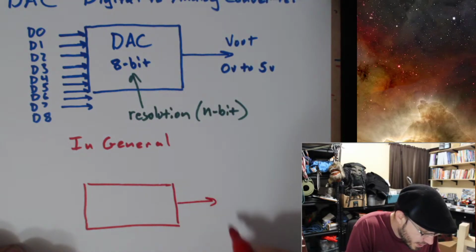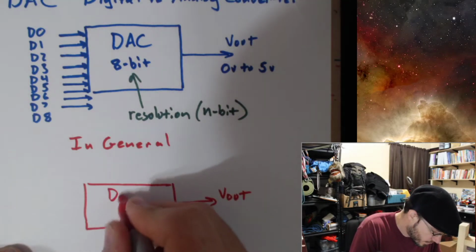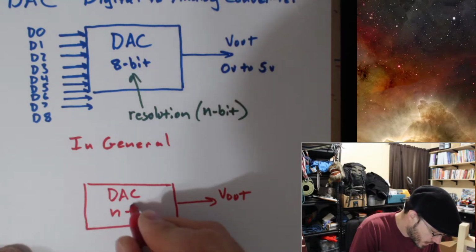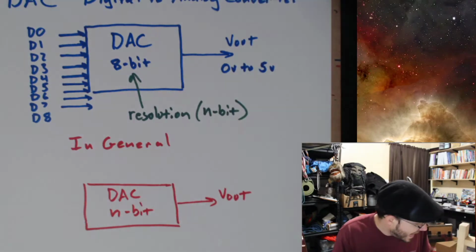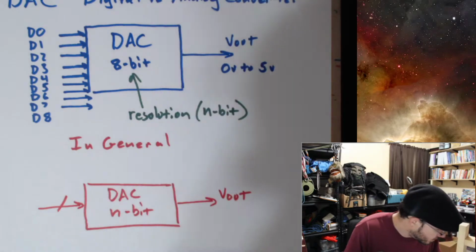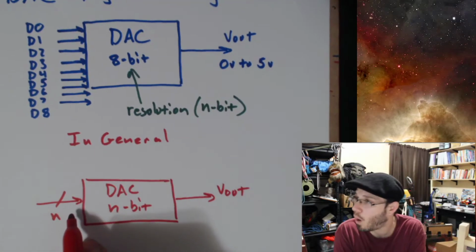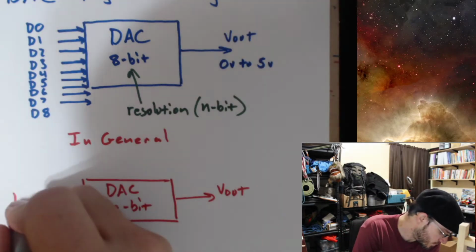But in general, it's a bit easier and cleaner to write it out this way. We have some n-bit DAC that takes in an n-bit number of wires coming into this thing.